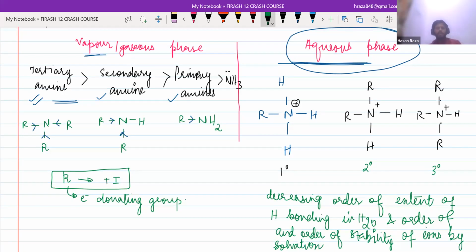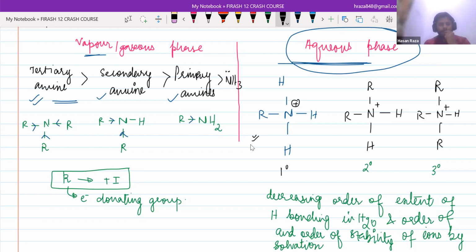which of these amines will have the most hydrogen bonding, and due to this hydrogen bonding, it will be more stable by solvation. That means you are going to mix with water, it will be soluble, then the process is known as solvation. So can you tell me which one will have the most hydrogen bonding?